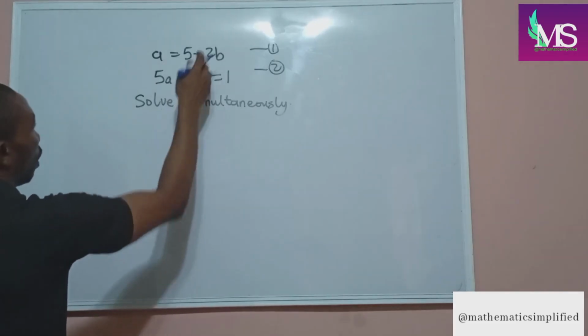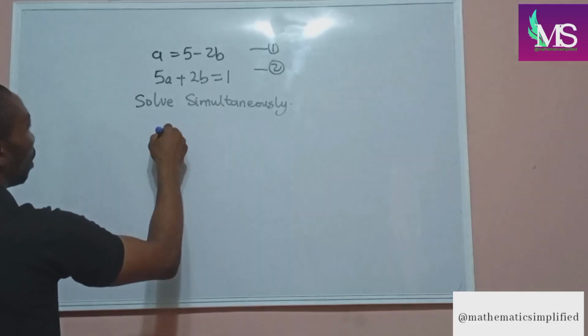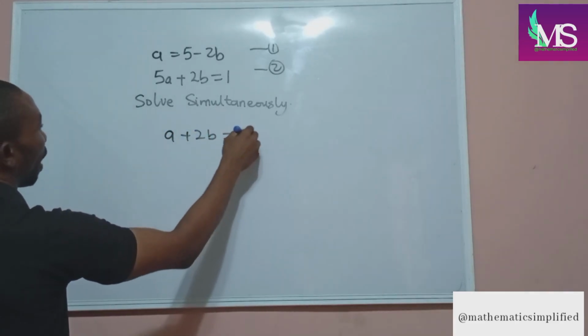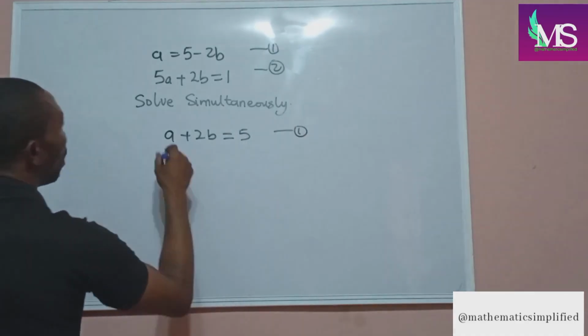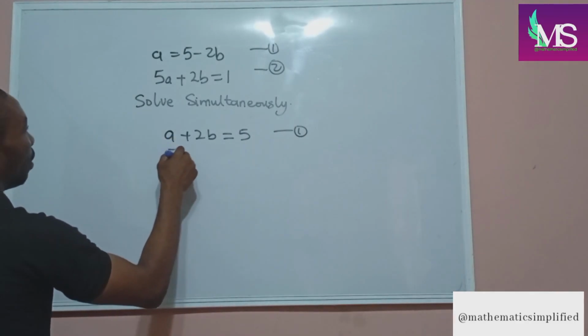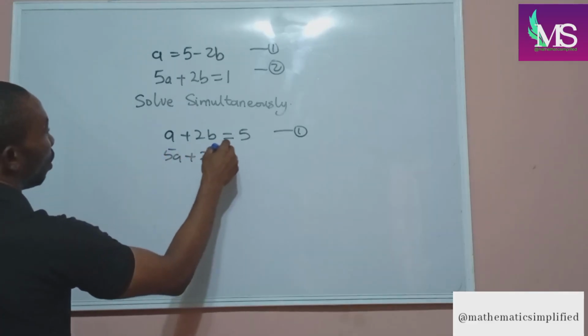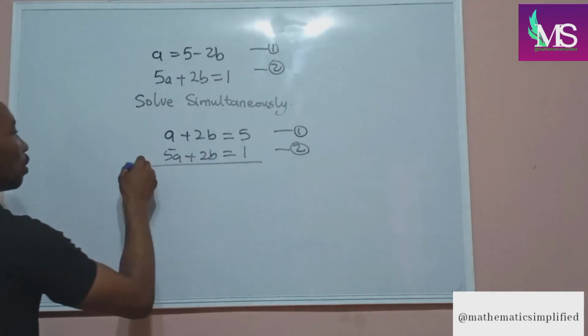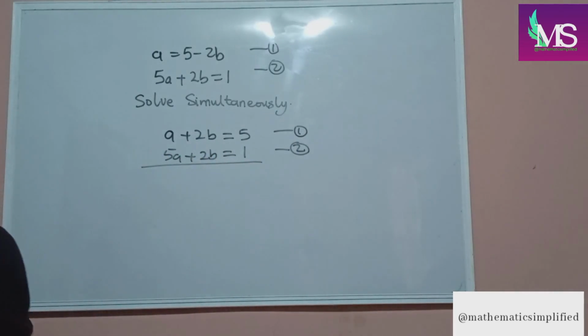This becomes a plus 2b equals 5, equation 1, and 5a plus 2b equals 1, equation 2. Now we can solve simultaneously.